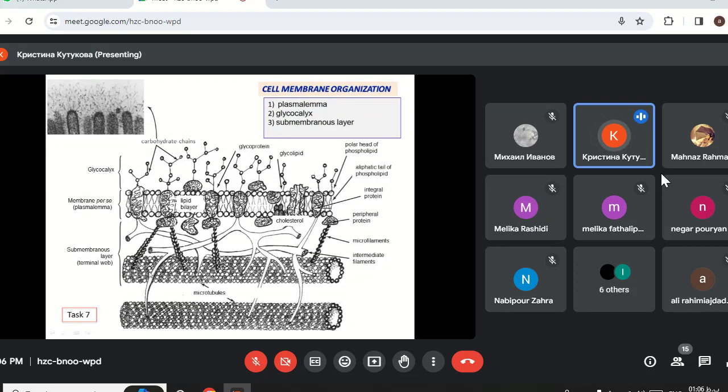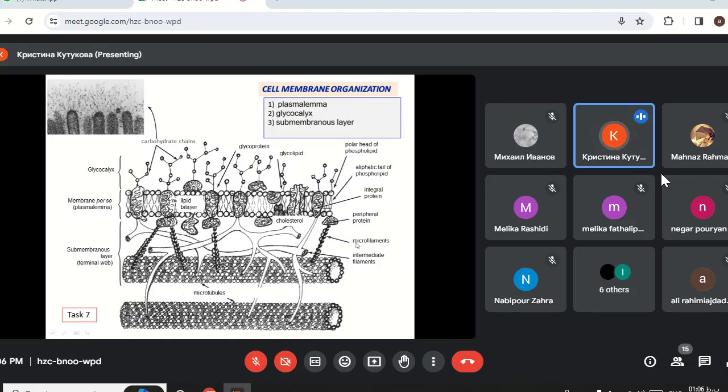Third component of the membrane is the submembranous layer, or it is also called terminal web. It is the composition of the elements of cytoskeleton of the cell, which include microfilaments, the tiniest smallest ones, intermediate filaments.